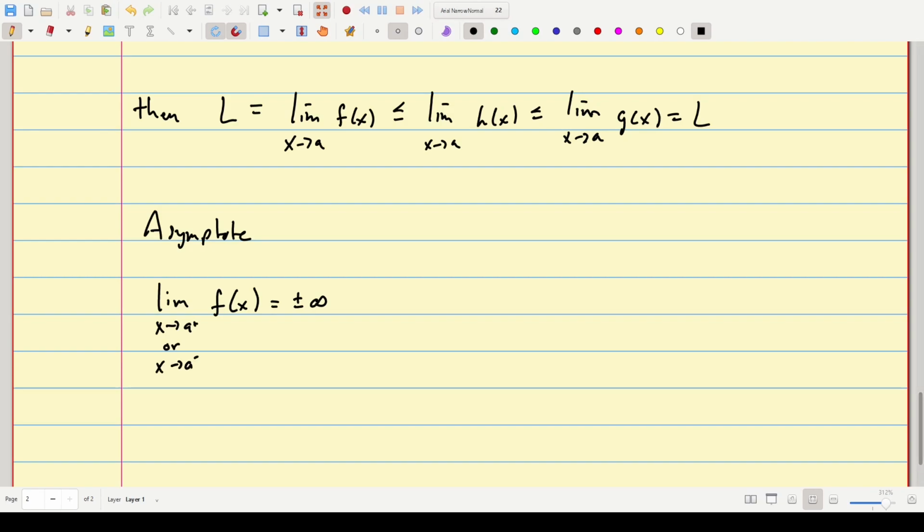So in the one-dimensional case, this is the definition of what it means for something to have an asymptote. If I approach from the left or from the right, or a vertical asymptote in this case in particular, if I approach a value from the left or from the right, and I get either positive infinity or negative infinity, then that means that the function has to do one of those things.